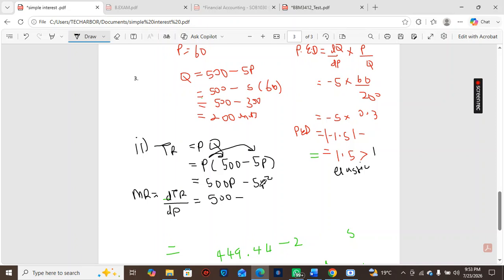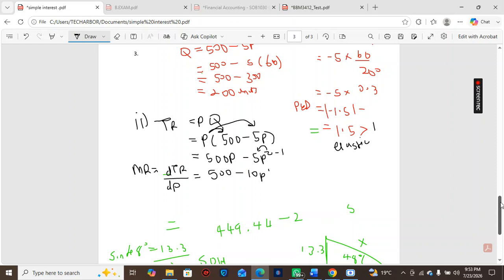When you derive 5P squared, remember, multiply the exponent with the coefficient: 2 times 5, that is 10. Subtract 1 from the exponent: 2 minus 1 is 1. So our derivative is 500 minus 10P.